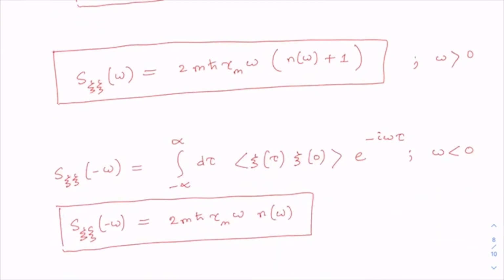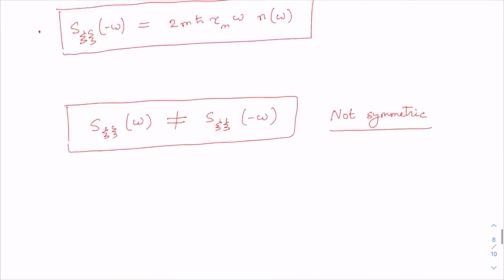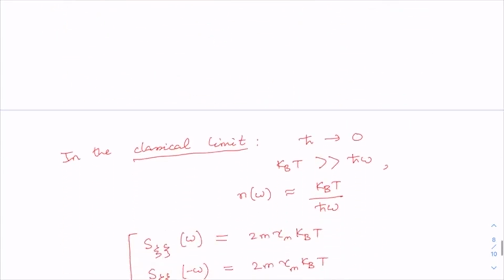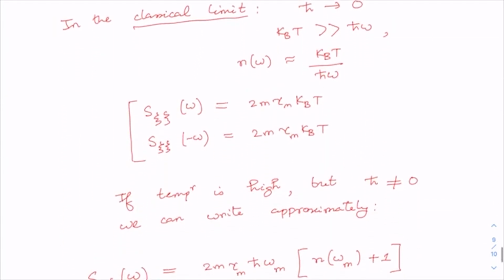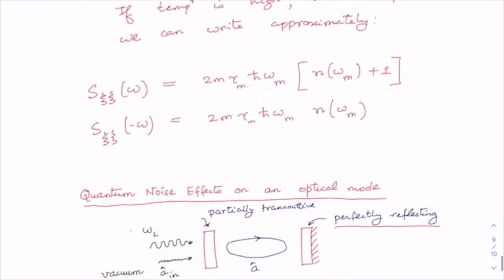So we worked out the quantum spectral noise density at plus omega and at minus omega, and it turns out that this function is not symmetric, which is unlike the classical case. In the classical case, we saw that this spectral noise density is a symmetric function. In the classical limit, obviously, again we obtain the classical expression for the spectral noise density.